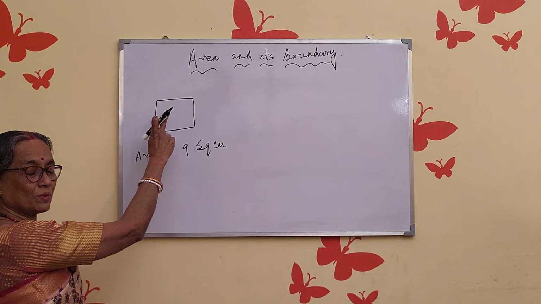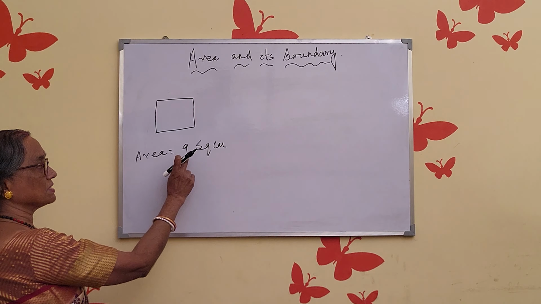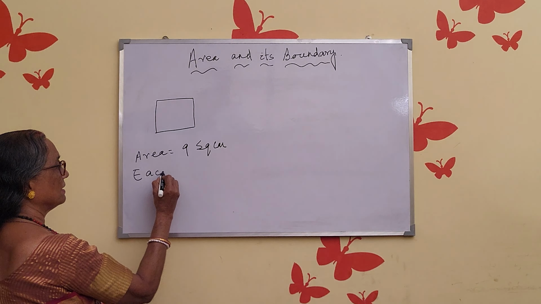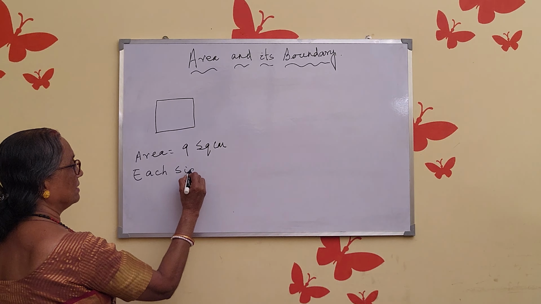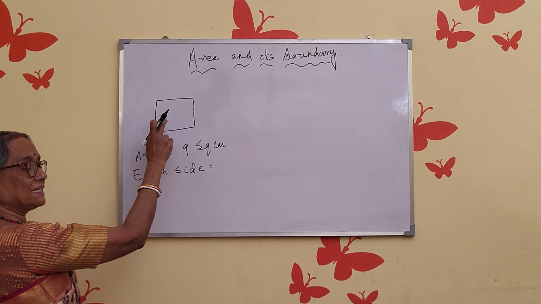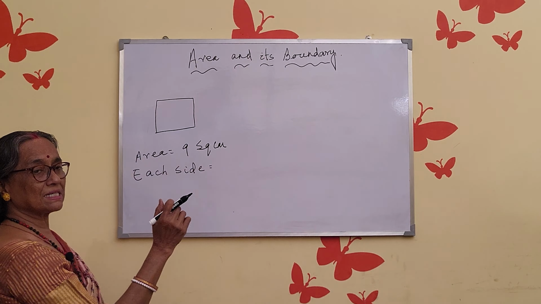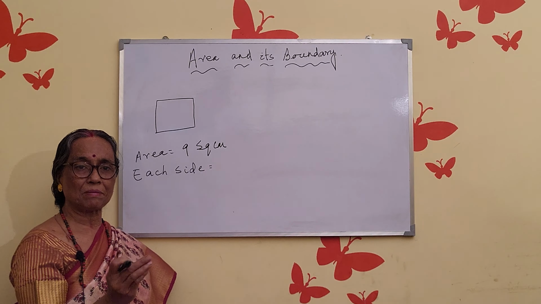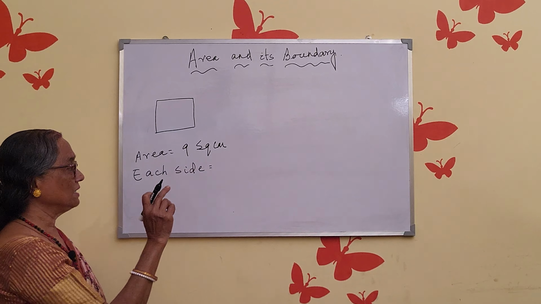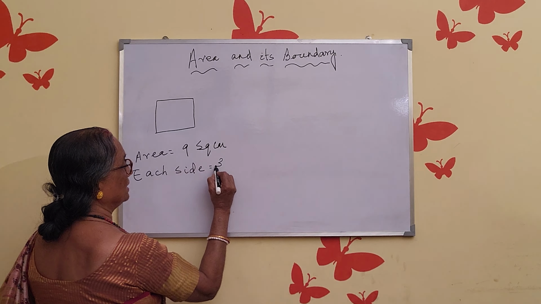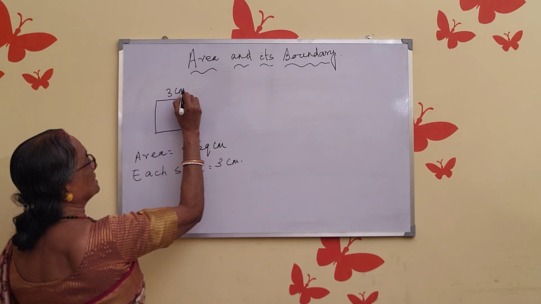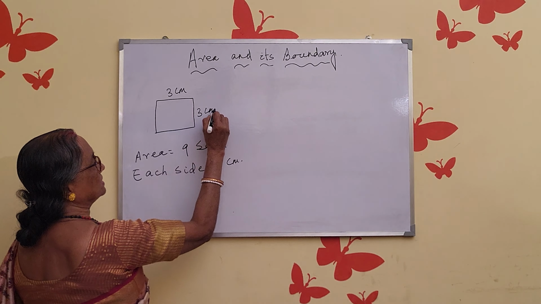Therefore, what will be each side of this square? We multiply. Which number do we have to multiply by itself to get 9? 3 3s are 9. So, each side is 3 centimeter. Therefore, each side of this shape is 3 centimeter.